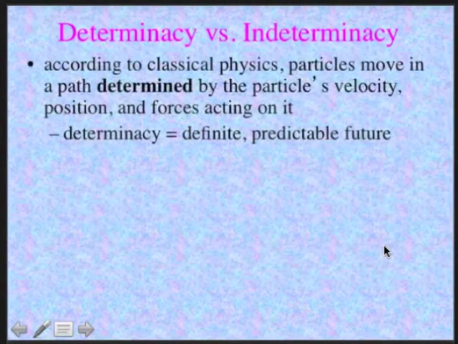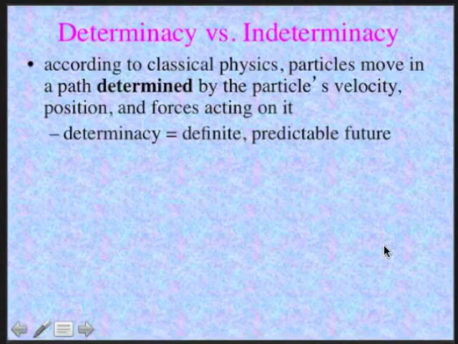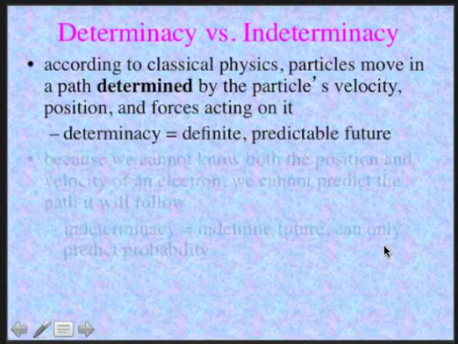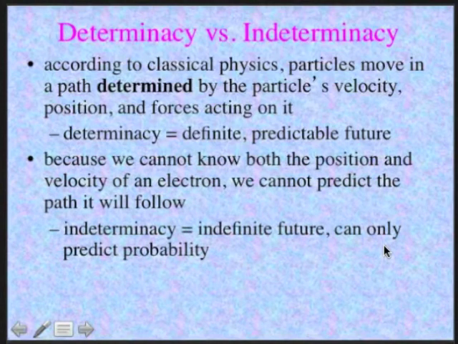Now, according to classical physics, particles move in a path determined by the particle's velocity, position, and forces acting on it. This is known as determinacy, definite, predictable future. But because we cannot know both the position and velocity of an electron, we cannot predict the path it will follow.